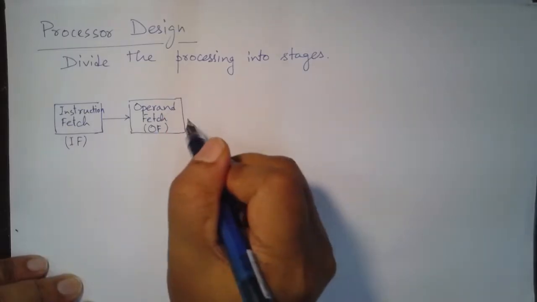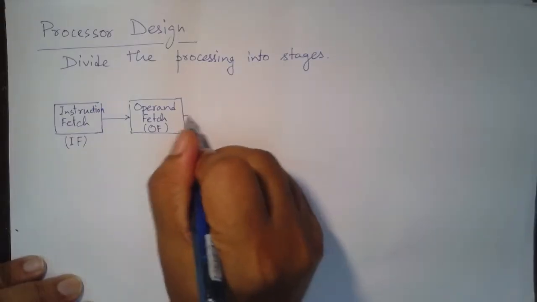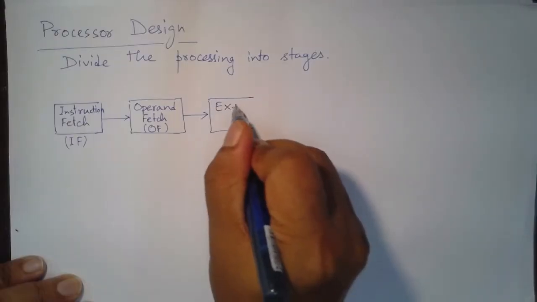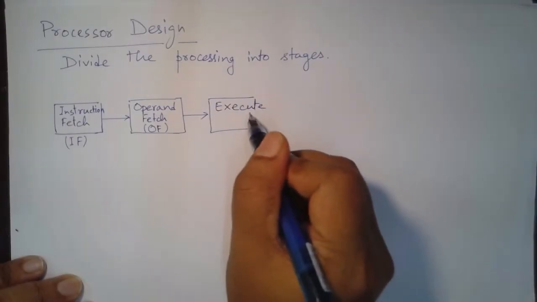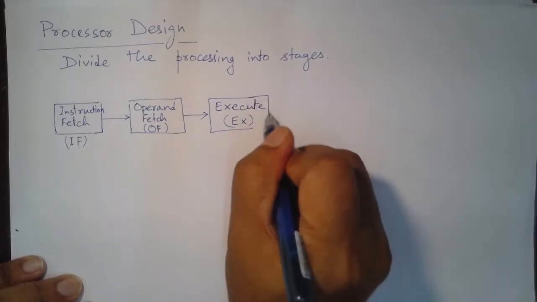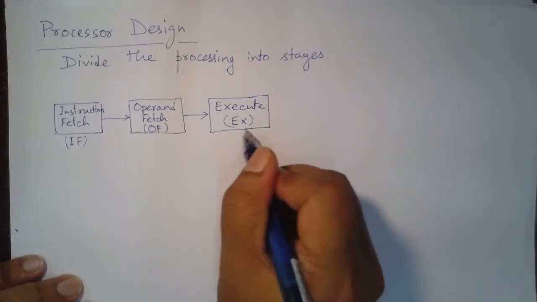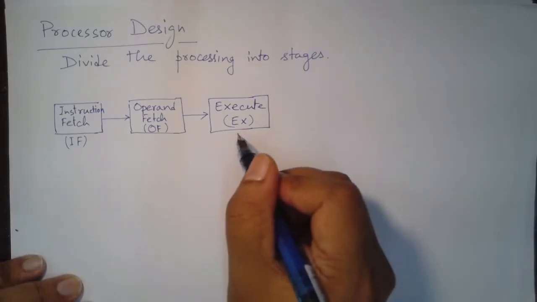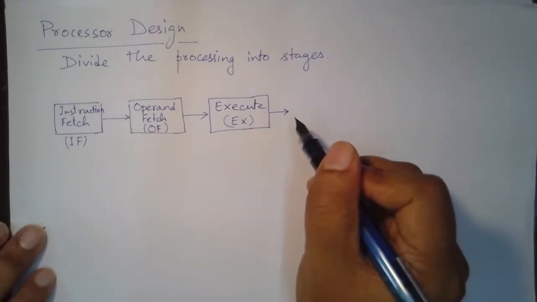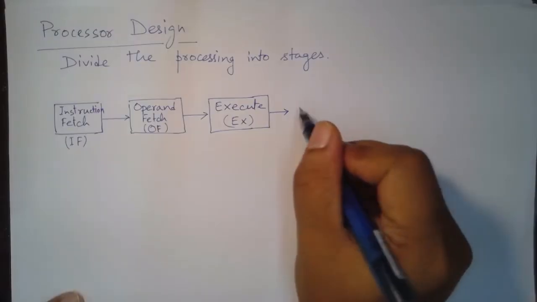Once you have the instruction fetched and operands fetched, the next thing you can do is execute. In execute, if you need to do some arithmetic operation, you do it on the ALU, or you figure out some branch outcome or branch address, and so on. All these things you can do here. After you are done with the execution, the next thing is you need to store the data, or you need to access memory.